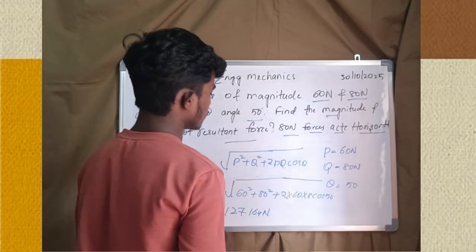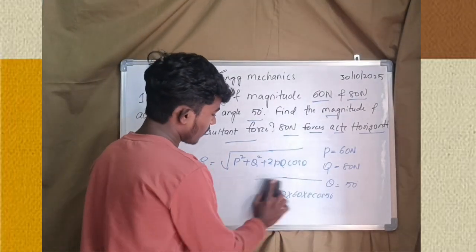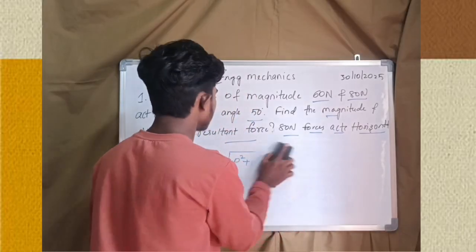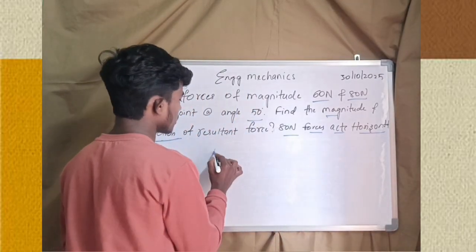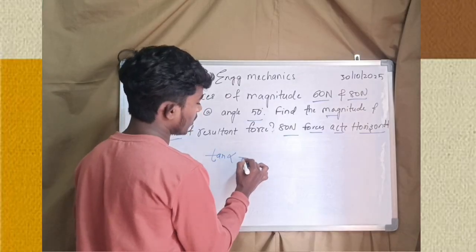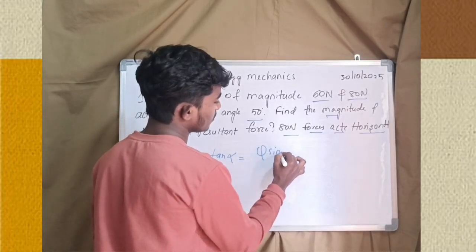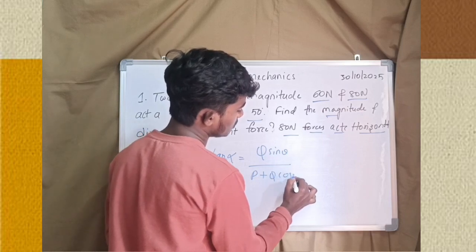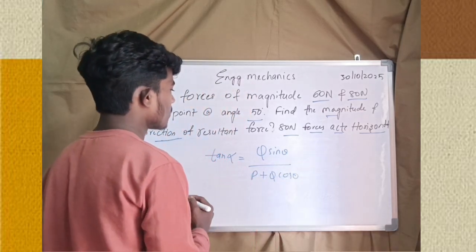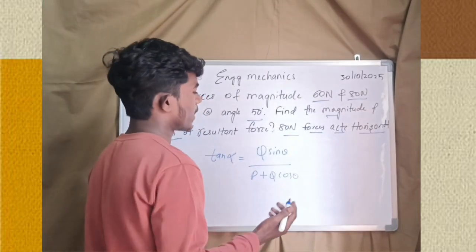The next one is the direction. The formula for direction is tan alpha equals Q sin theta divided by P plus Q cos theta. This formula is also from the law of parallelogram of forces.